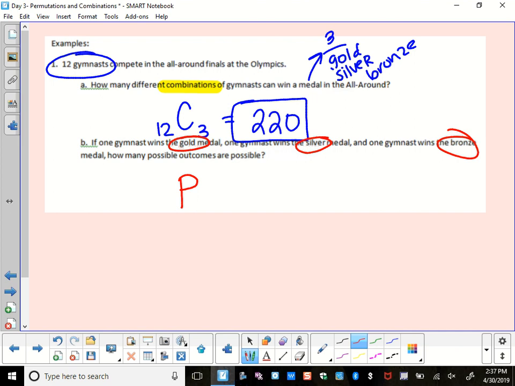There's 12 total, and I'm choosing 3 different medals. So we have 12P3. Even though I use the word choosing, order still matters. So that's why we use a P. 1320. So you should have 1,320 different outcomes possible.